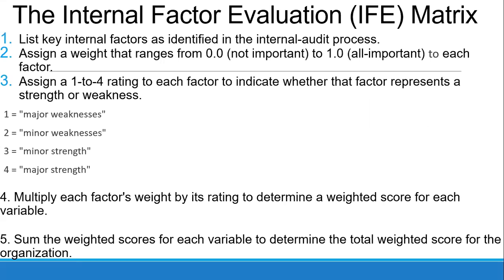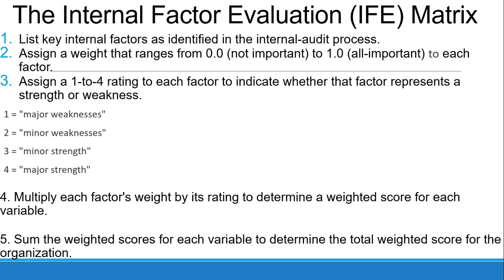The next tool that can also be utilized to conduct internal assessment or internal auditing is what we call the internal factor evaluation matrix. So the internal factor evaluation matrix is also a tool that can be utilized in assessing the strengths and weaknesses of an organization's internal environment.